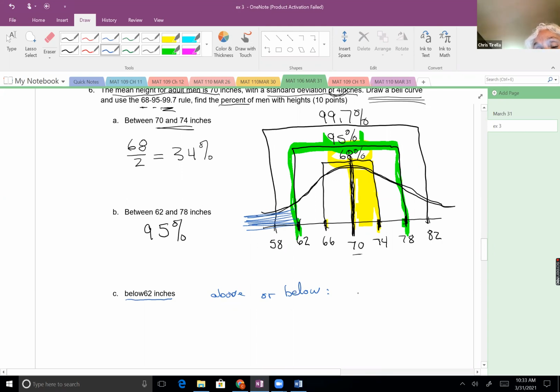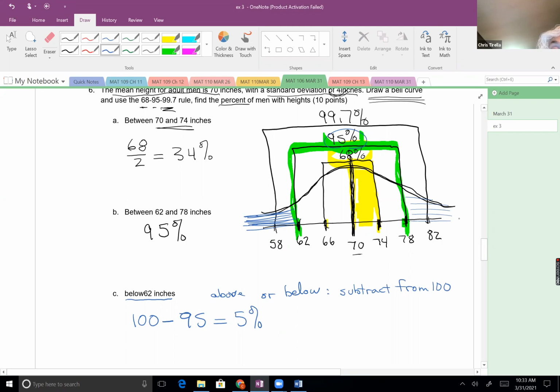So we'll subtract first from 100. And so that's going to be 100 minus that corresponding percent, which is 95, which gives me 5%. But technically, because that's everything outside of the box, that's everything on both sides.